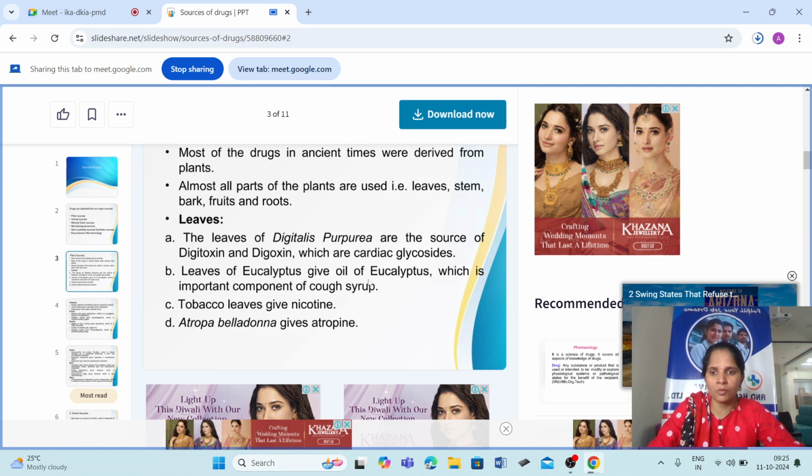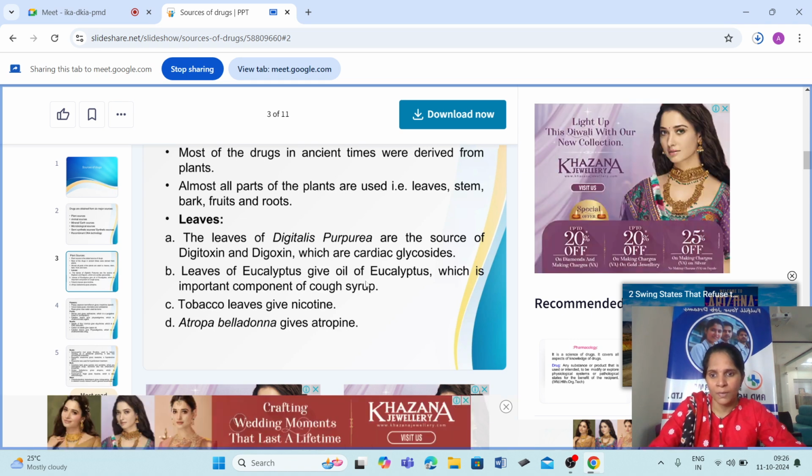From where are you going to get this digitoxin or digoxin? You get it from Digitalis purpurea, and this is used for the heart so that it can work in a proper way. And we know that eucalyptus oil or mint are used in cough syrups.